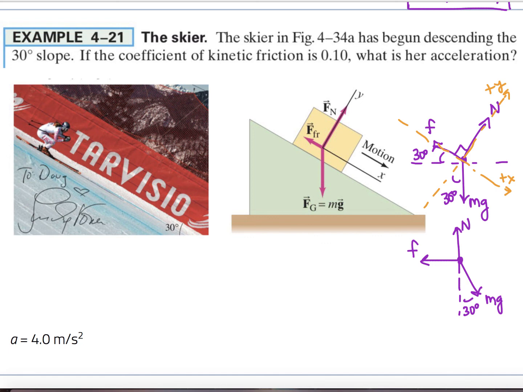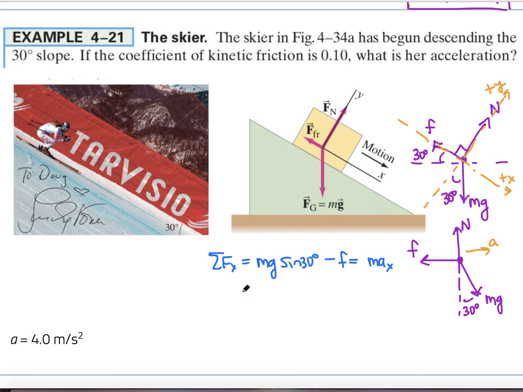So what we have now is an easier way to go ahead and write our sum of force equations. I will remind you that I am accelerating down the slope, so my acceleration is this way. So according to my free bodies here, we have in the x direction, mg times the sine of 30 degrees minus the force of friction is equal to ma.